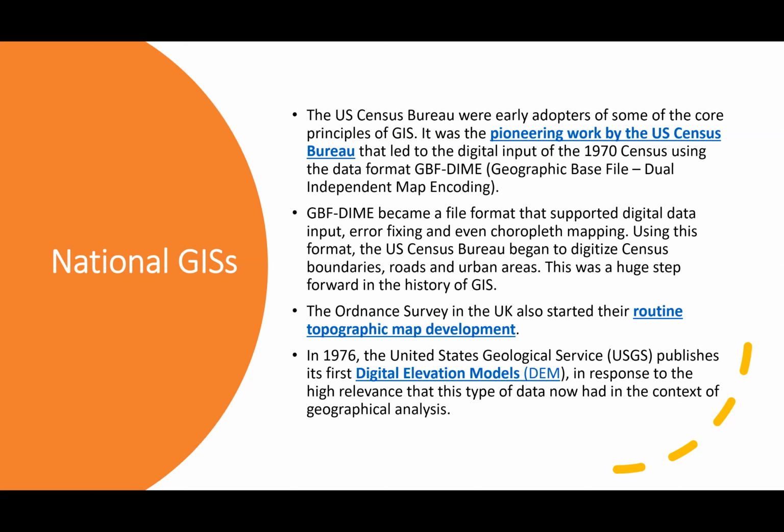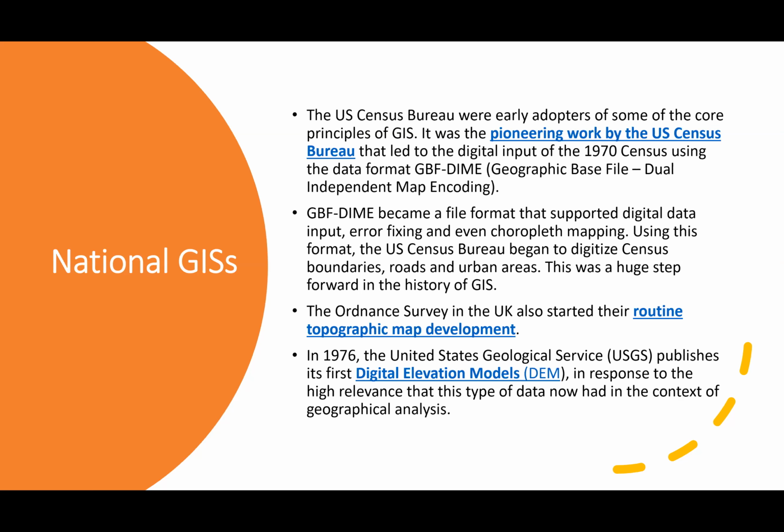And so they also digitized roads and urban areas. And this was a huge step forward in the history of GIS because, again, we're using a national data platform, the government, adopting a technology for its work. Also, the Ordnance Survey in the UK started using their routine topographic map development.